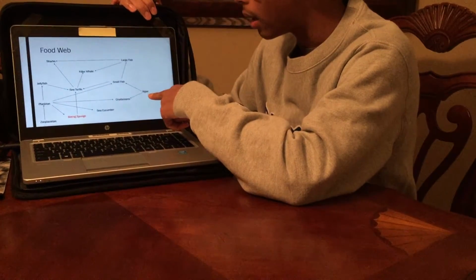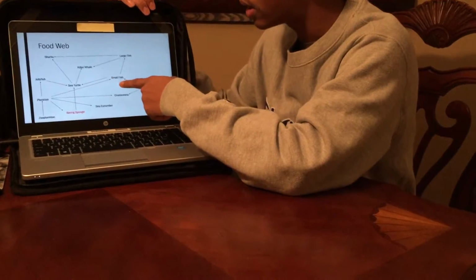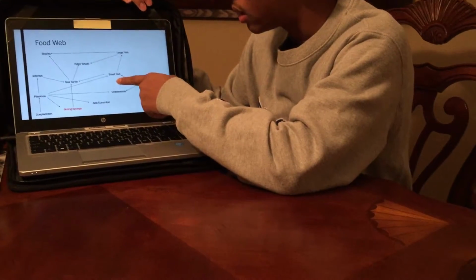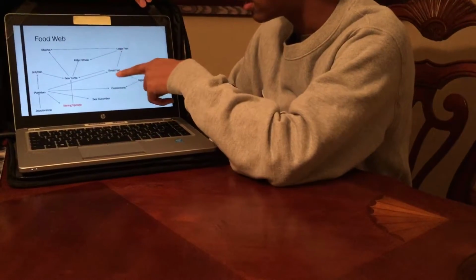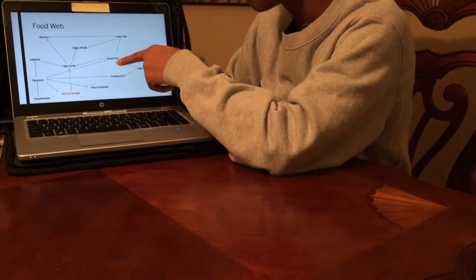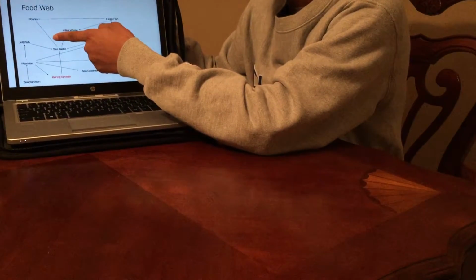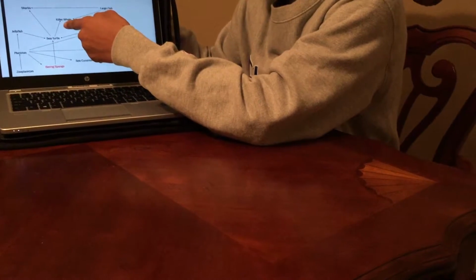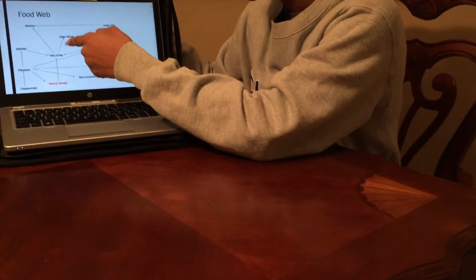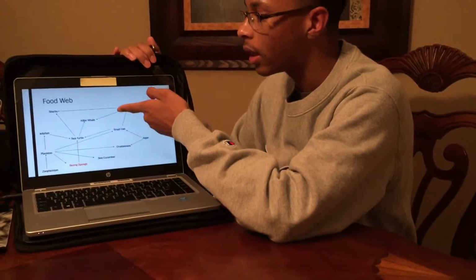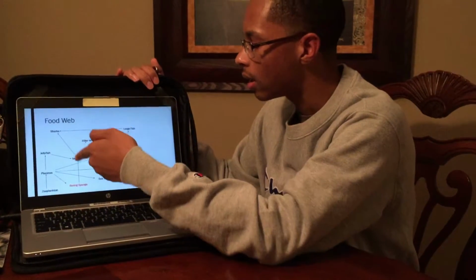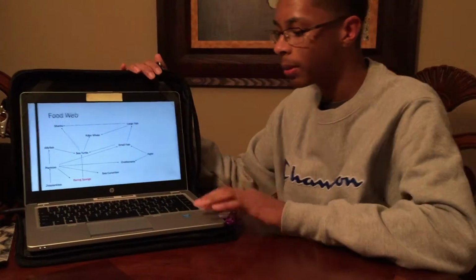Algae, which is eaten by crustaceans and small fish. And then there's the large fish, which will eat the small fish. And then the sea turtle is eaten by sharks and killer whales. And the killer whale will also eat large fish, and sharks will eat the sea turtle and large fish.